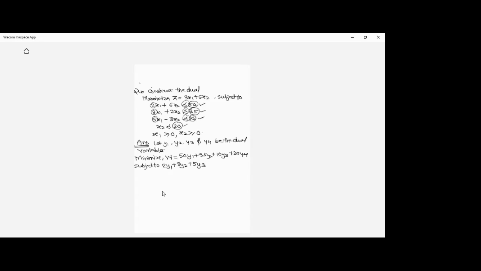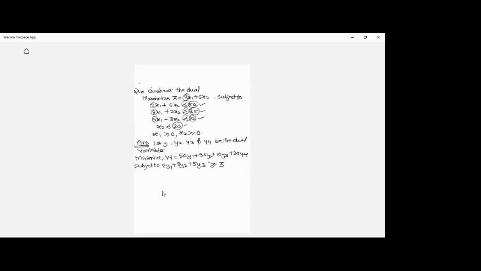In your fourth constraint, there is no variable consisting of x1, so we'll be leaving it at this particular stage only. So 5 y3. Now it is a minimization type, so it will be greater than or equal to, right? And here the RHS will be your coefficient in your objective function. So here it will be 3.